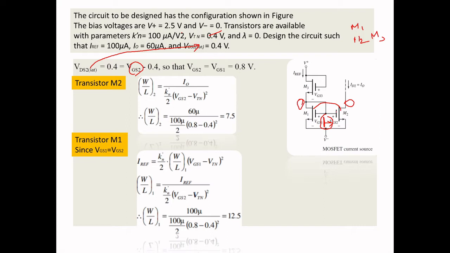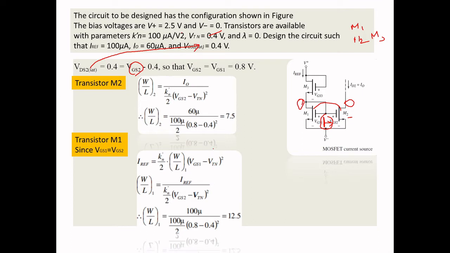Now we are going to find the width by length ratio for the M2 transistor. We know the basic formula for the reference current, right? So IREF equals Kn dash by 2 times W by L times VGS minus VTN whole square.